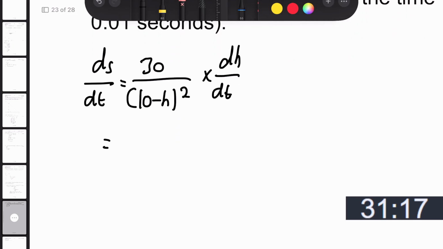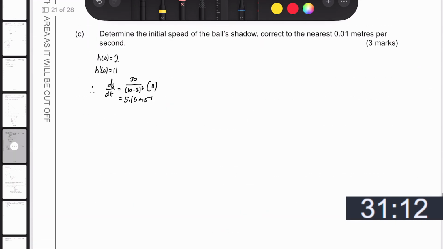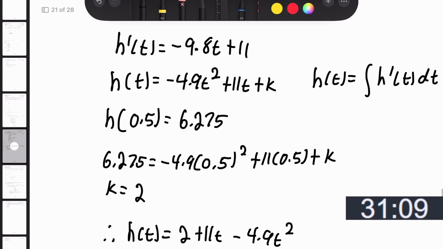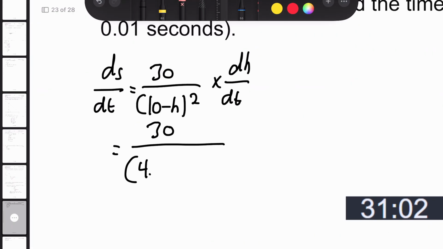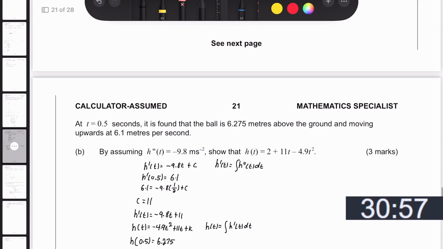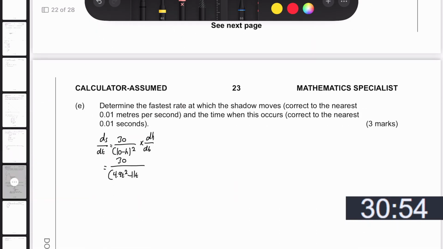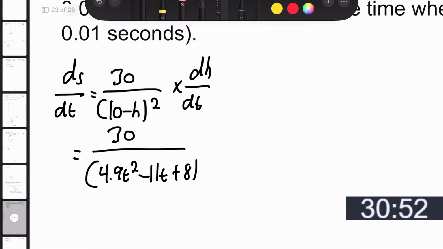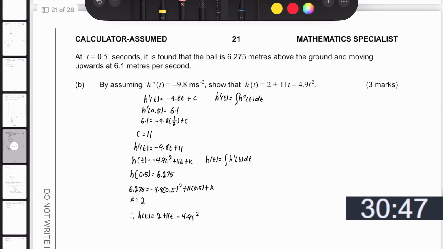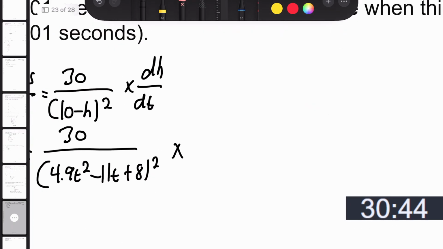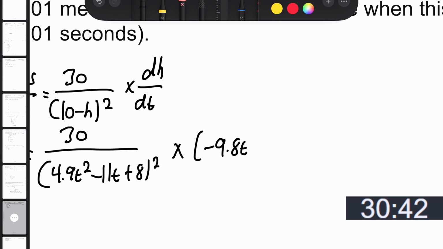So this is going to be 30 on (4.9t squared minus 11t, then it's going to be 10 minus 2, so plus 8) squared, times, now the dh/dt was actually negative 9.8t plus 11.